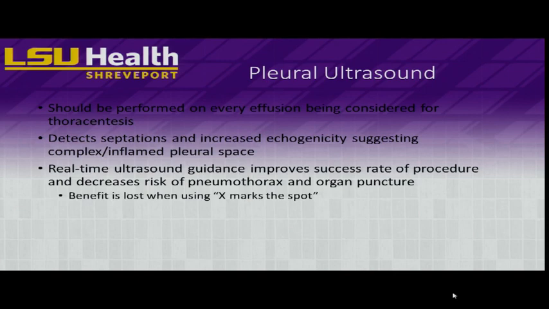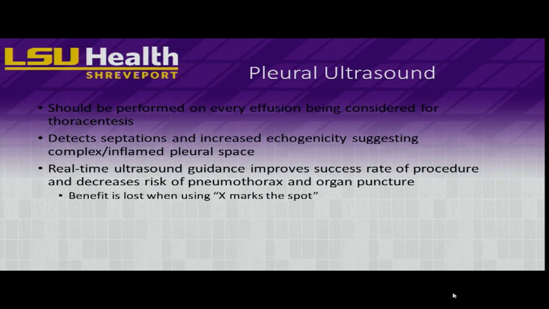However, a lot of times that has involved taking the patient to ultrasound, doing the ultrasound, marking them, moving them, and then doing the thoracentesis away from where you did the ultrasound after they've changed positions a few times. So the most practical way of doing it is take your ultrasound, do it immediately at the bedside with the patient positioned, ultrasound after you've marked them, and then proceed with your procedure.